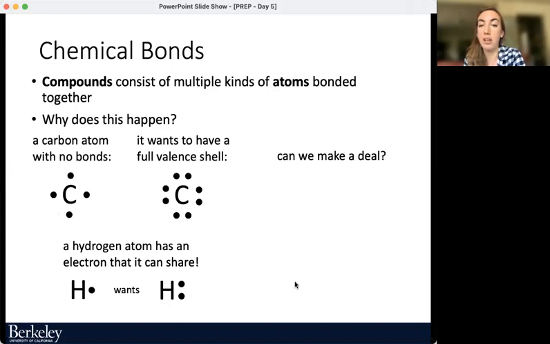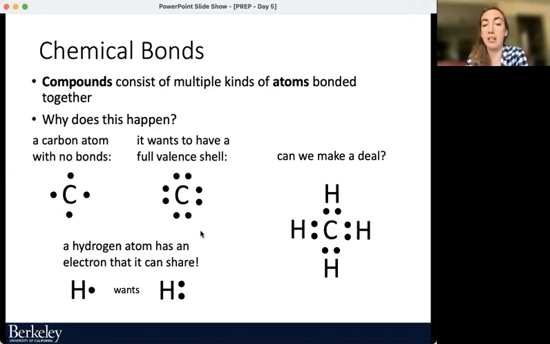So a carbon and a hydrogen atom can find each other and be like, look, we both want more electrons. If you let me hold on to your electrons, I'll let you hold on to mine. And then we've all got more electrons. We're sharing, everybody's happy. So that's what happens: we had 4 hydrogen atoms that each have 1 electron, and we have 1 carbon atom that has 4 valence electrons.